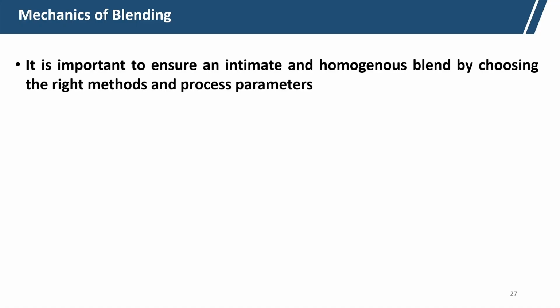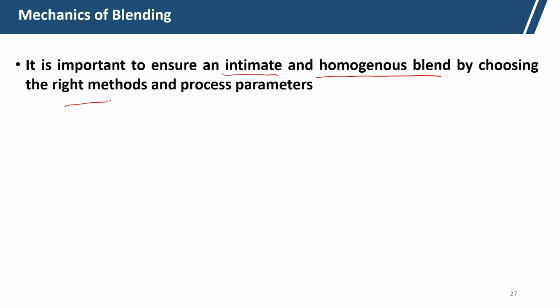It is important to ensure that intimate blending is achieved. Our basic objective is to have an intimate and homogeneous blend, and for that we have to choose different parameters. One of the parameters, as we have discussed, is fiber characteristics, but in addition to that the right method of blending is important, and the process parameters, that is, at which stage we should blend.